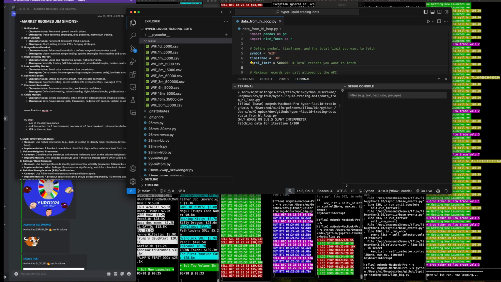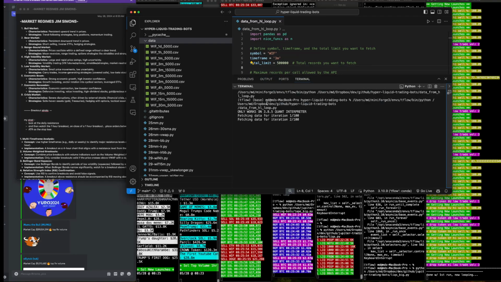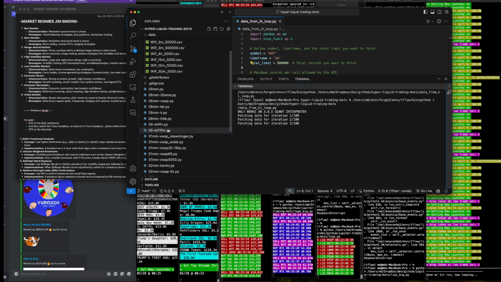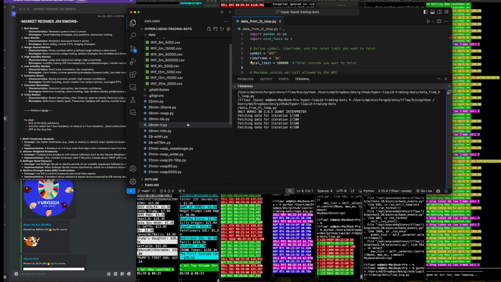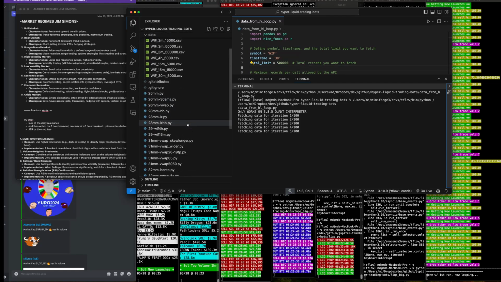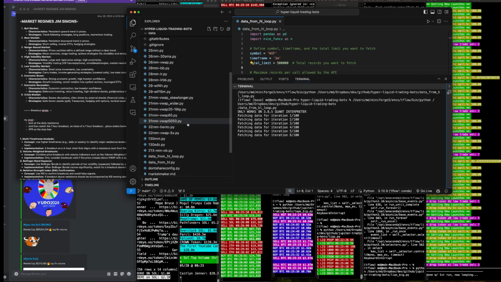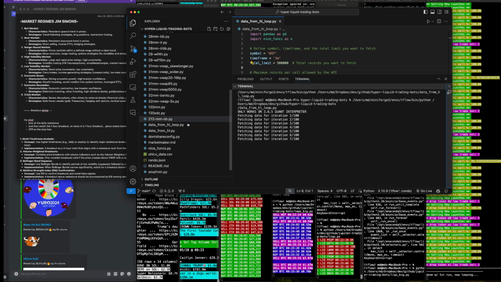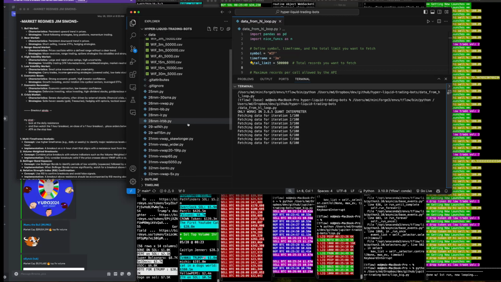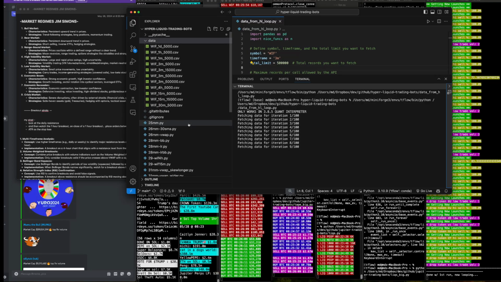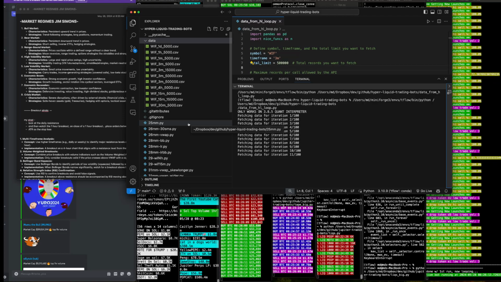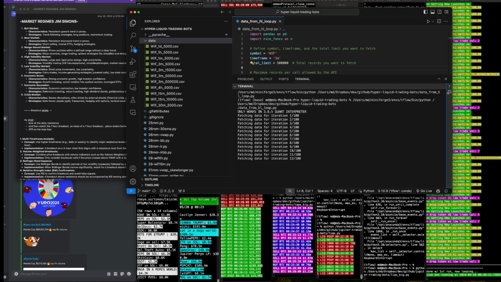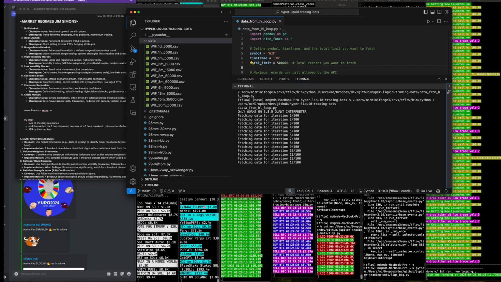Let's go ahead and run it. It's gonna take a while. Fetching data, okay. So it's gonna fetch data here. I just want to see if this concept is semi-good. So let's do that. Let's go ahead and see if we can get a quick backtest going.